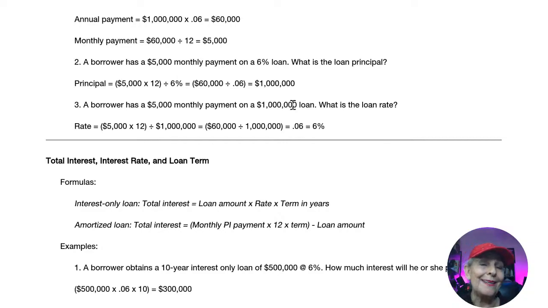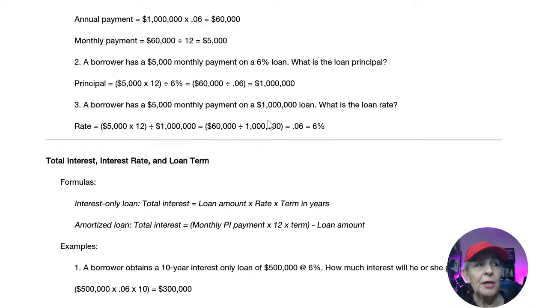So the rate is yearly. So we need to multiply 5,000 times 12 to get the interest amount paid for the whole year on a $1 million loan. So it's 60,000 divided by 1 million to give us the 6% rate. Y'all follow me there?